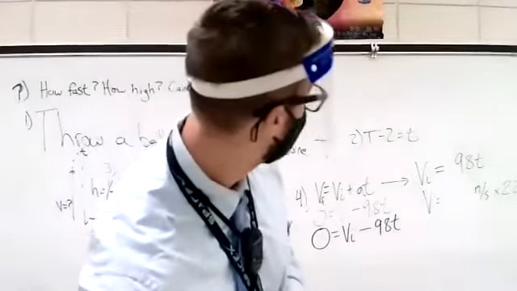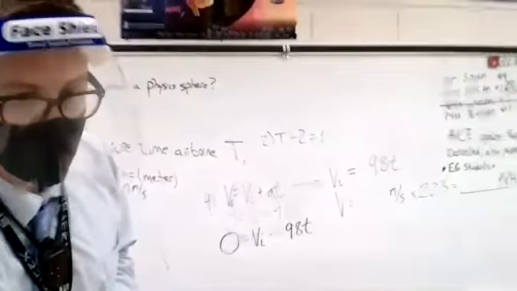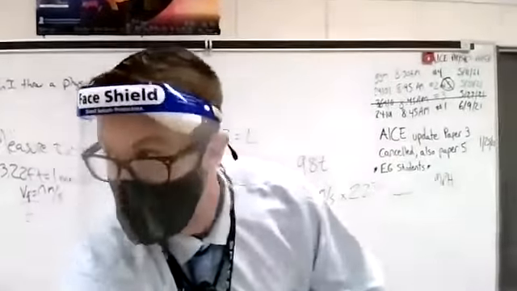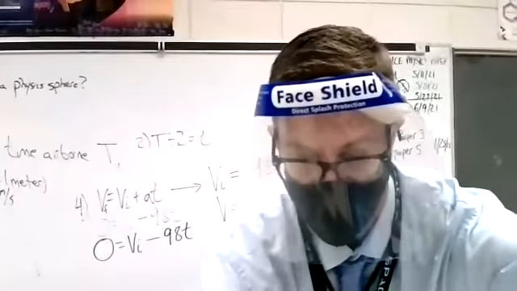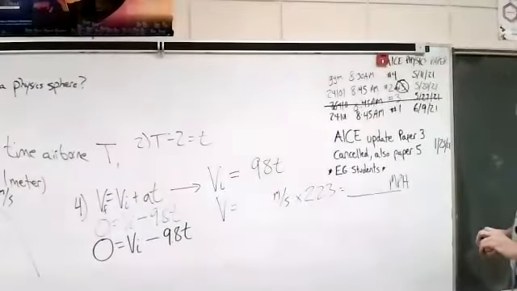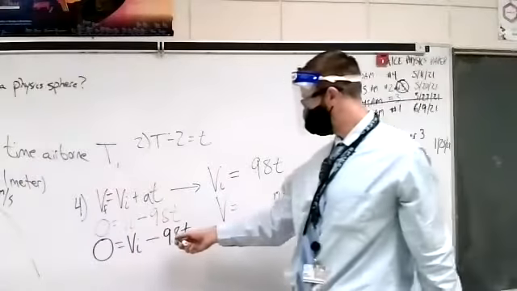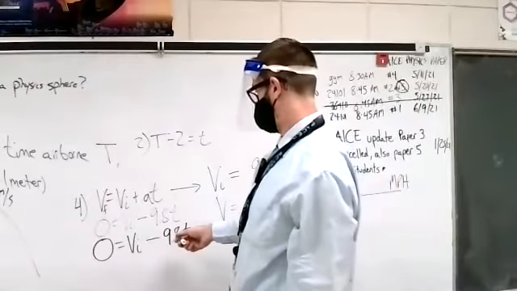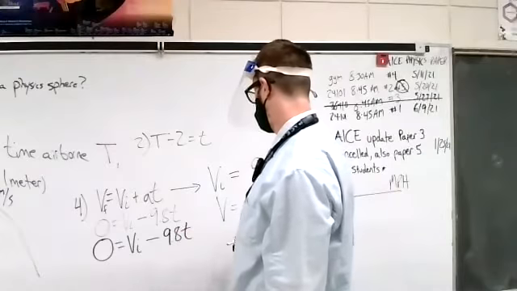Wouldn't the fourth step be the same as squaring the initial and the final velocity? So if we did v squared equals v squared plus 2as, isn't that the same thing?